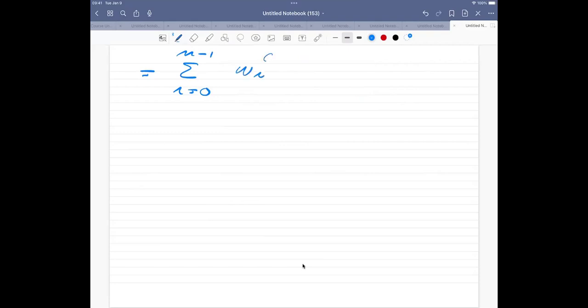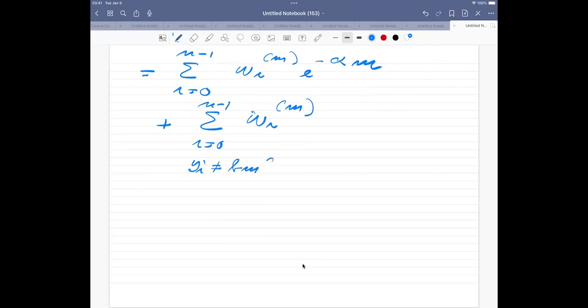And now I'm simply setting w_i of m times e to the minus alpha m, plus, and then I'm summing i equals 0 to n minus 1 of w_i of m, and this is the case when y is different from b_m of x_i, and then I have e to the alpha m minus e to the minus alpha m here. So this is just a plain rewrite where I simply manipulate the equation.